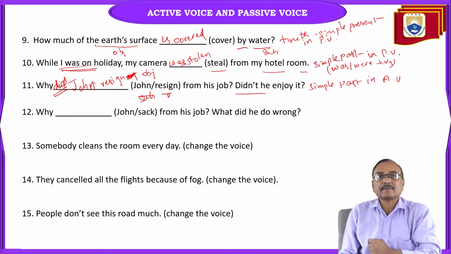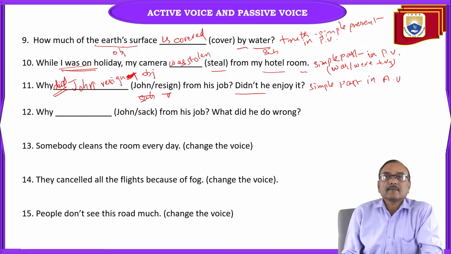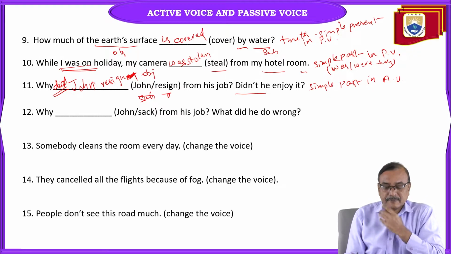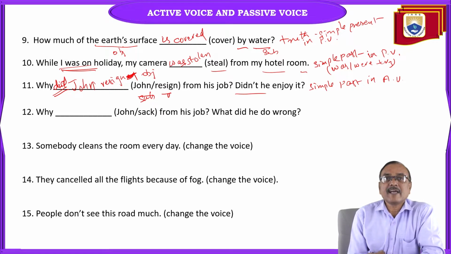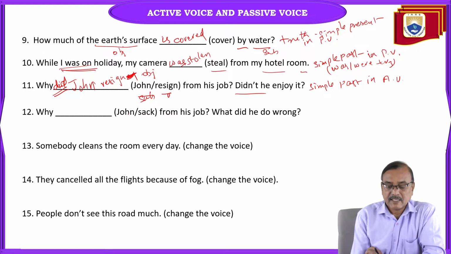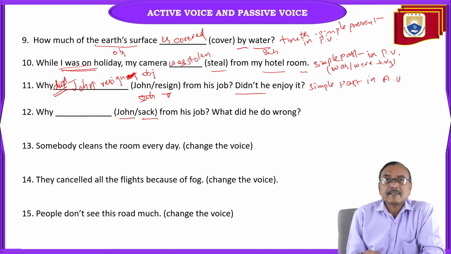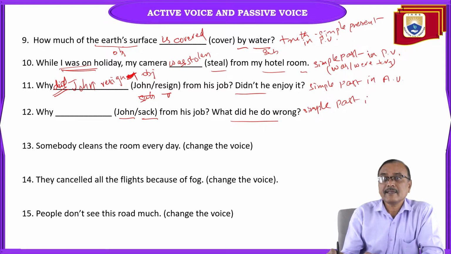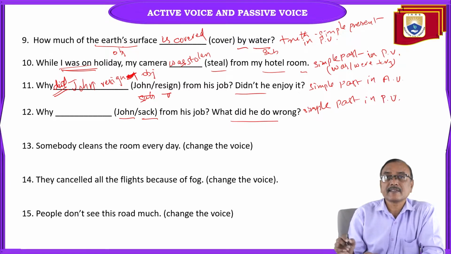Next. The 12th one. Why John sacked from his job? John has not sacked; he was sacked from his job. What did he do wrong? This is also simple past, but in passive voice.